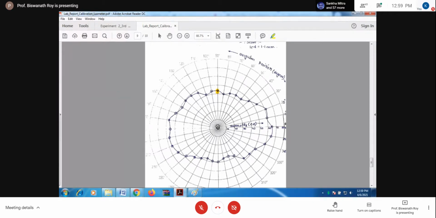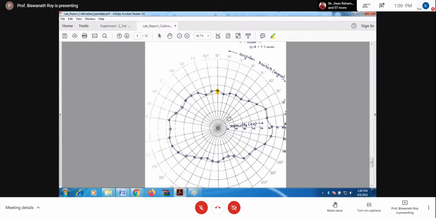For 90 degree, the intensity is here. This value corresponds to 40 candela, very close to 45 candela, because this line is for 40 candela, this line is for 50 candela, so it is in between, 45 candela, just below the 45 candela.